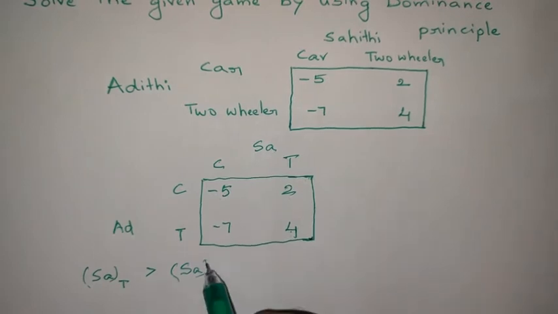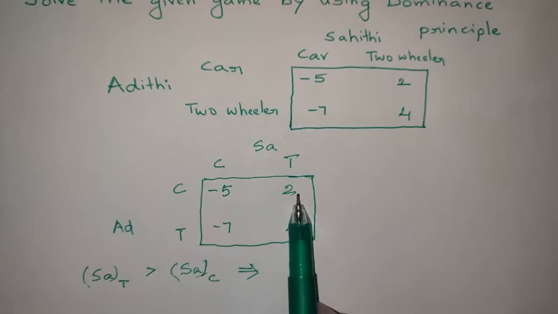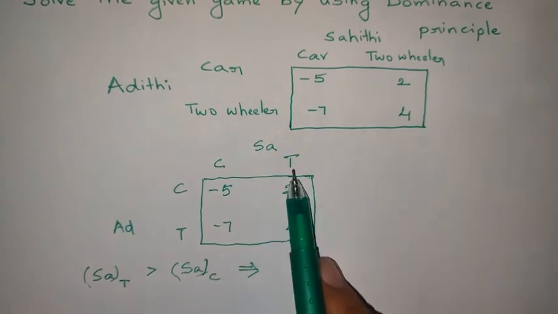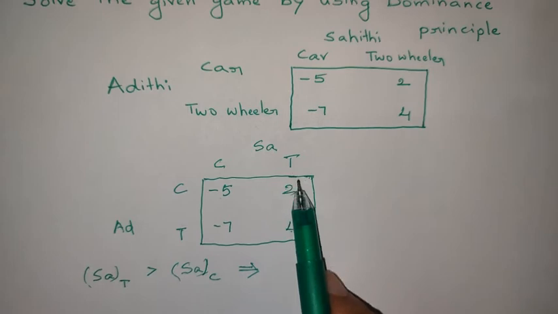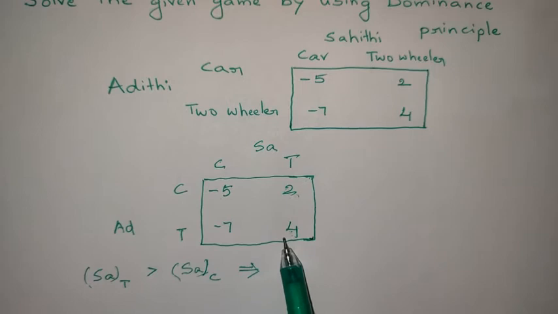So whichever column values are higher, we need to eliminate that column. Here the two-wheeler column values are higher. So whichever column values are higher, we need to eliminate those column values.